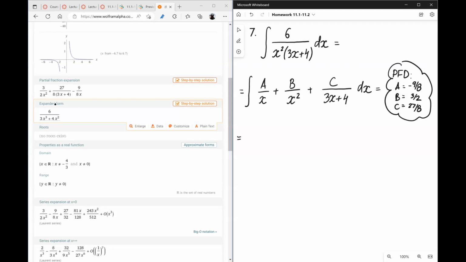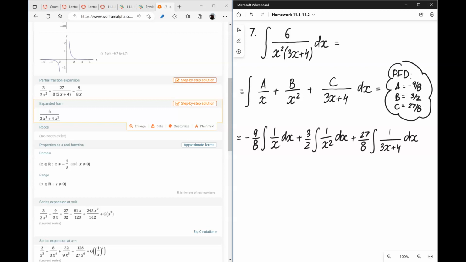So my integral now becomes three separate integrals. The first integral will be -9/8 integral of 1/x dx. My second integral will be 3/2 integral of 1/x squared dx. And the last one will be plus 27/8 integral of 1/(3x plus 4) dx.